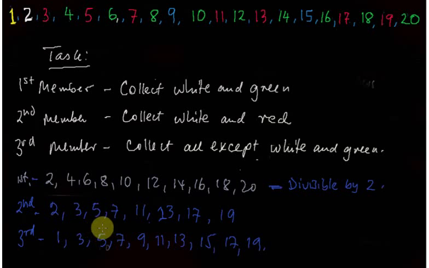The second group, we cannot say it is divisible by 2 because it's only 2 which is divisible by 2, but the rest are not. What characteristic do they have? We cannot say they are divisible by 3 because it's only 3.